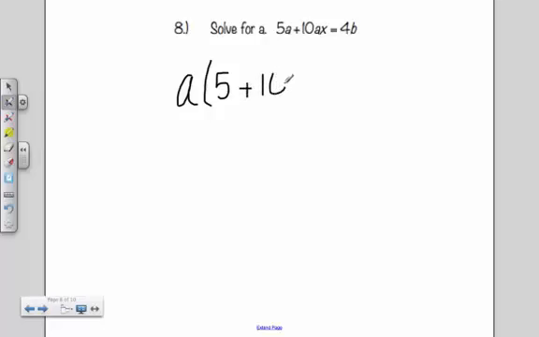10x, and that's equal to 4b. Then, to get this a by itself, it's multiplied by this whole entire expression, so I'm going to divide everything by 5 plus 10x.